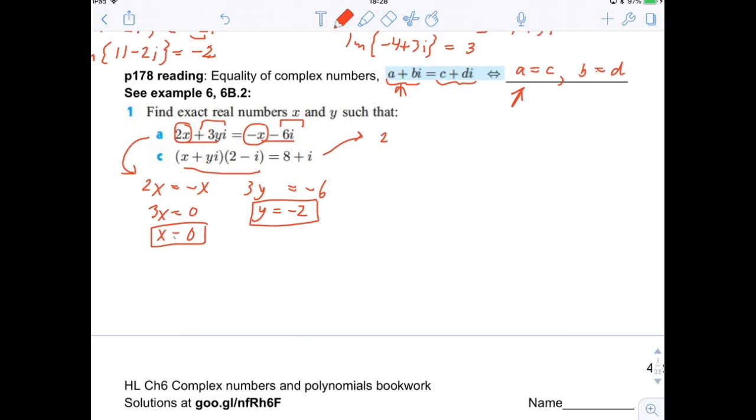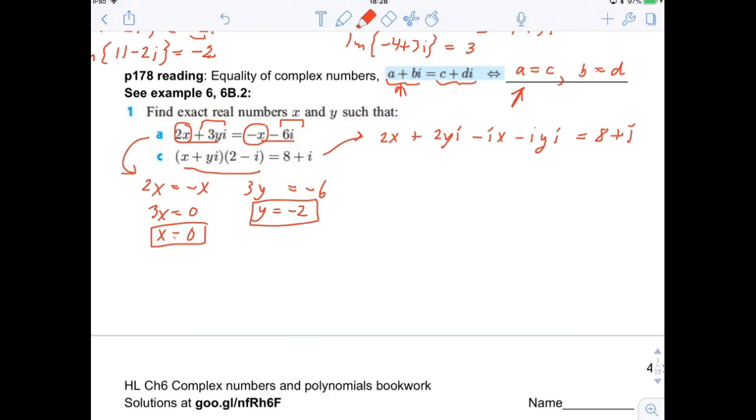So we're going to put 2x plus 2yi minus ix minus i equals 8 plus i. So let's simplify the left side.